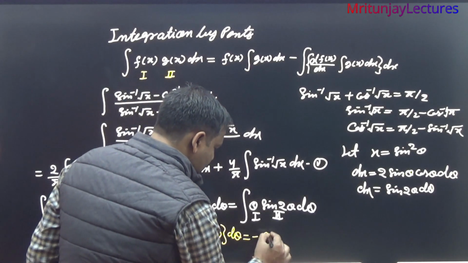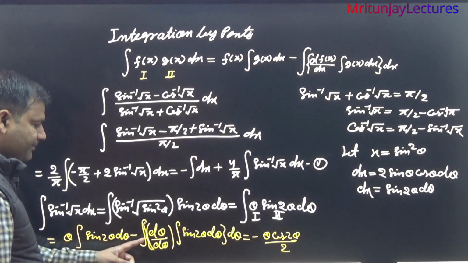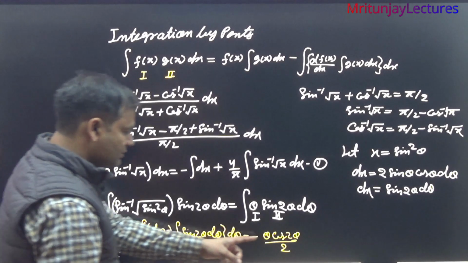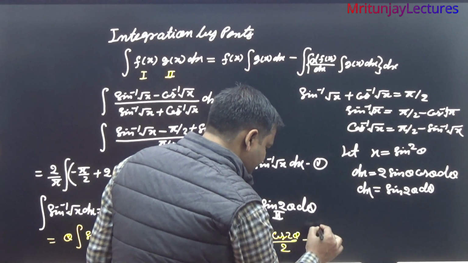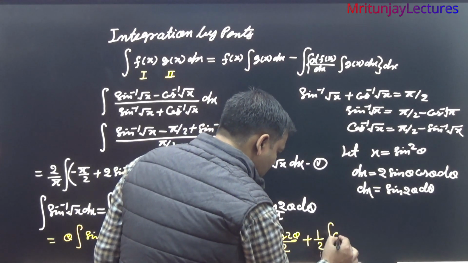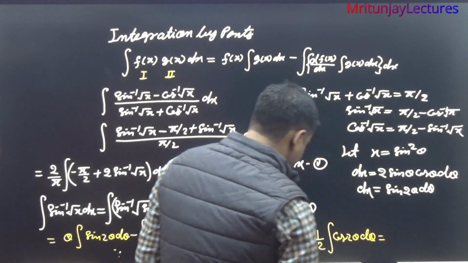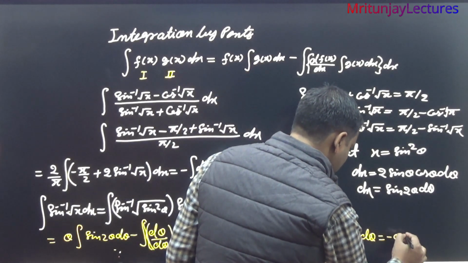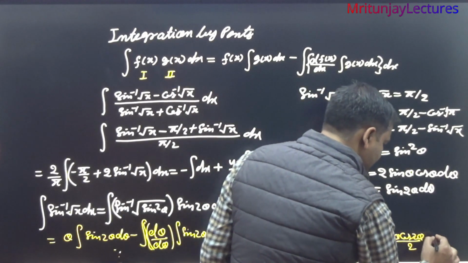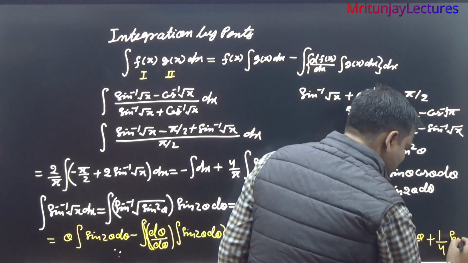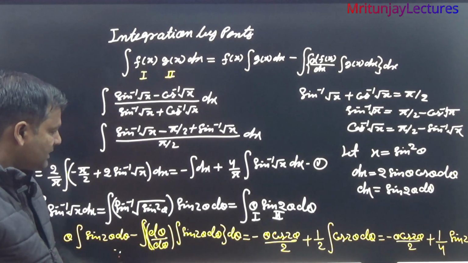So theta into cos 2 theta divided by minus 2. And the differentiation of theta is 1. So here minus minus plus, 1 by 2 cos 2 theta d theta. After that, what about the integration? Minus theta cos 2 theta divided by 2, and the integration of cos 2 theta again gives 1 by 4 sin 2 theta, plus c.